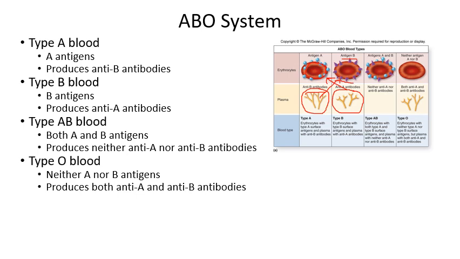How about AB? AB has both, so its immune system says, I can't make antibody A and I can't make antibody B, because then I would be attacking my own cells. And then neither A nor B antigen is O blood.